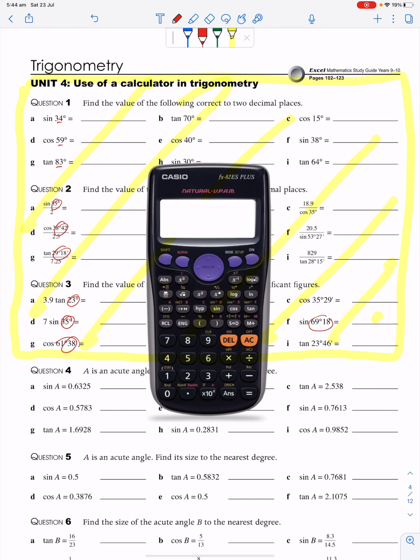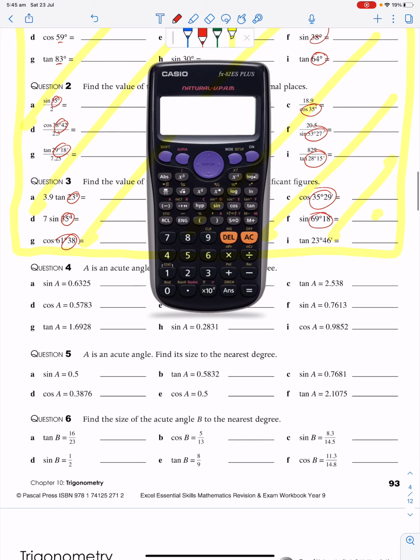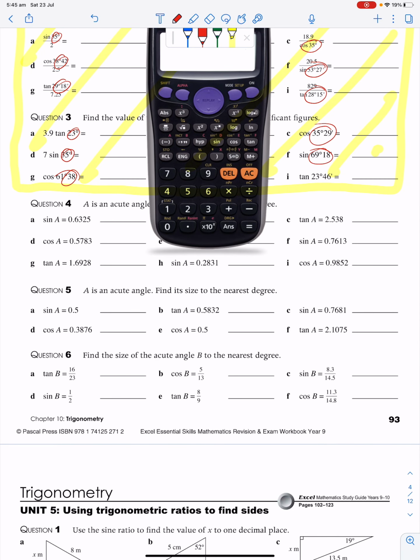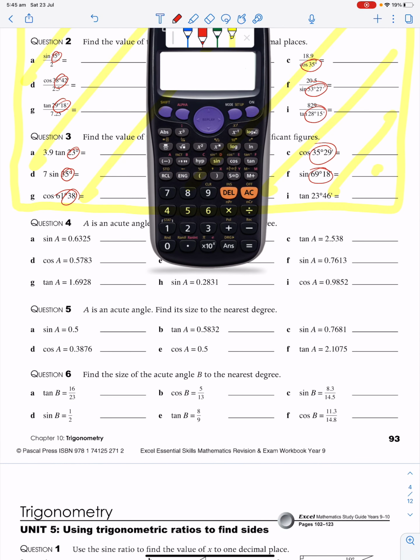Now I recommend you take your time doing all of these questions or practicing these types of questions, because knowing how to use a calculator is very important. No matter how well you're doing the questions later, if you get the working out on the calculator wrong, you're going to lose marks.